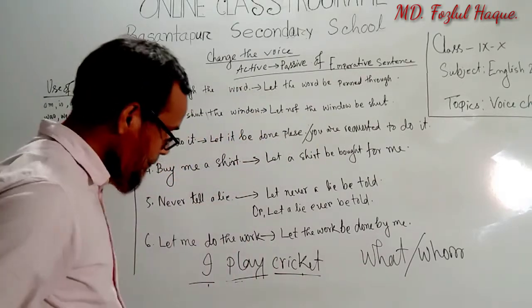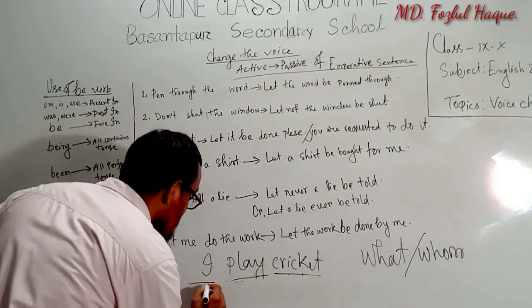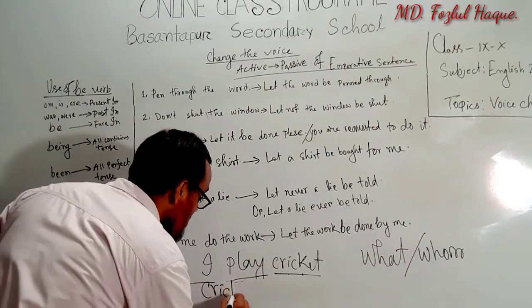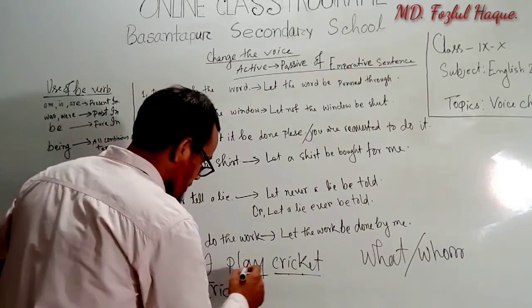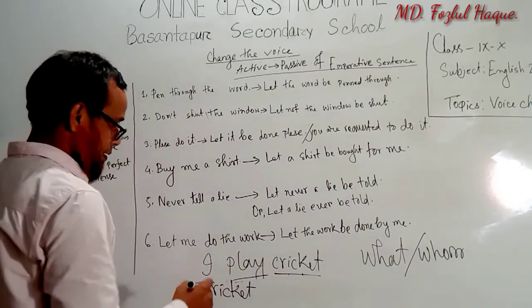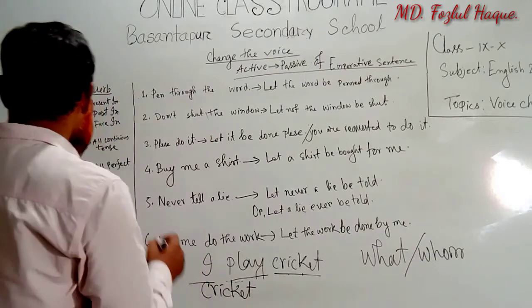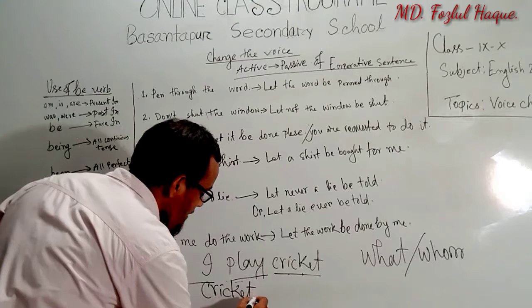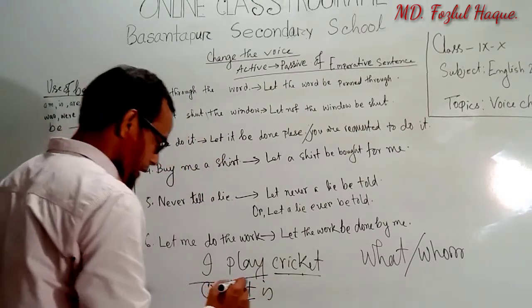In passive form, the object will be the subject: cricket. This is present indefinite tense, and since cricket is singular, is is used as the verb.